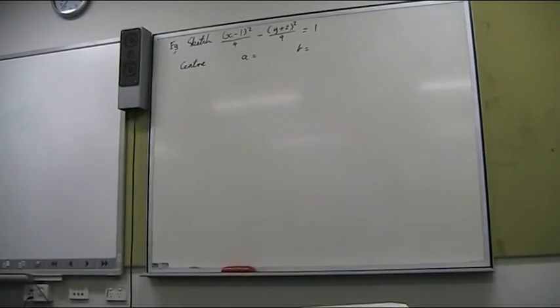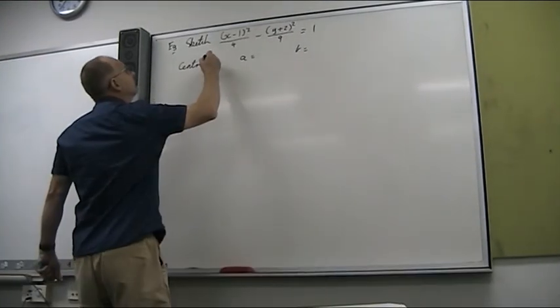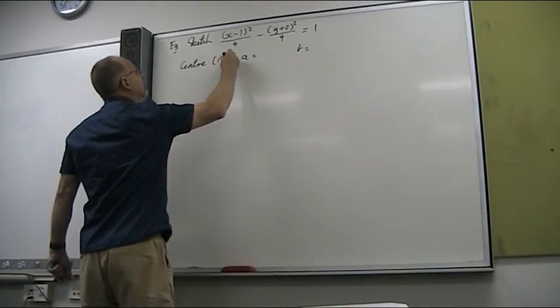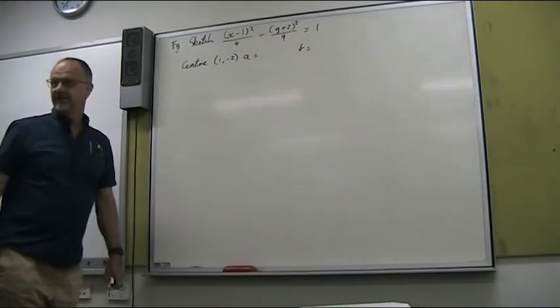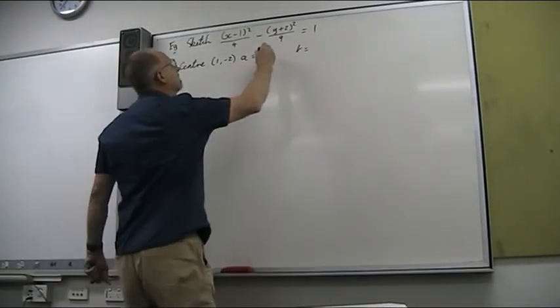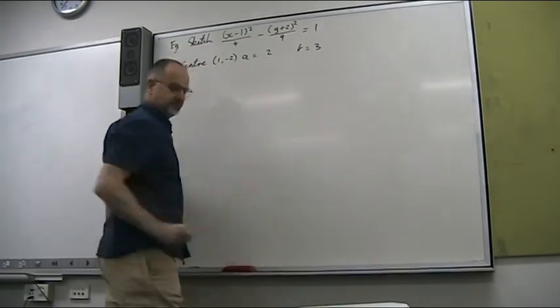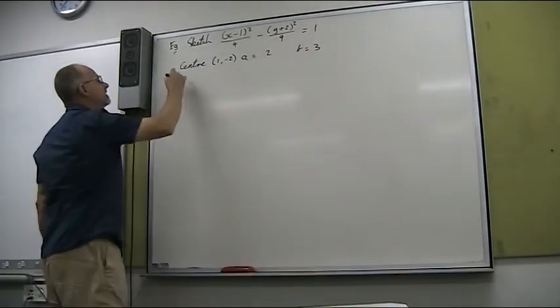Alright, centre. Where's the centre? It's at 1 and negative 2. A is 2, B is 3. So, vertices.